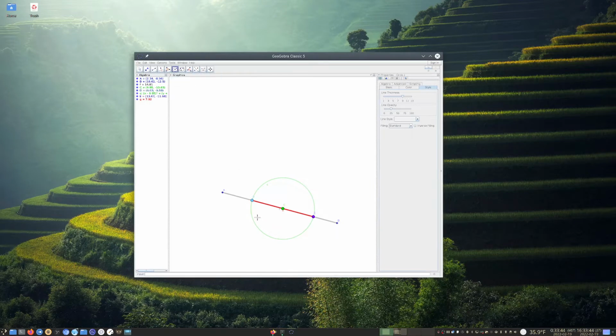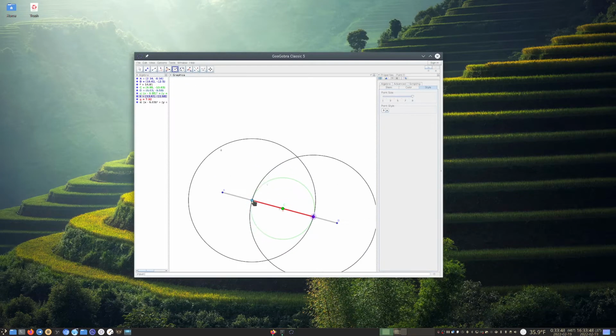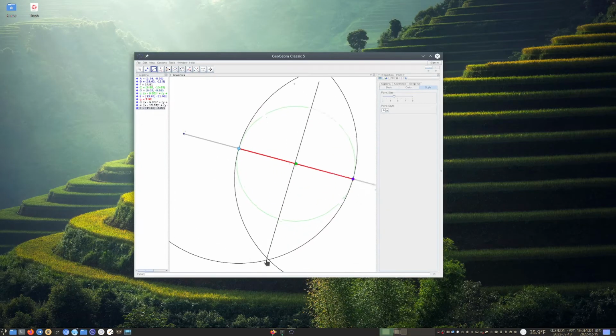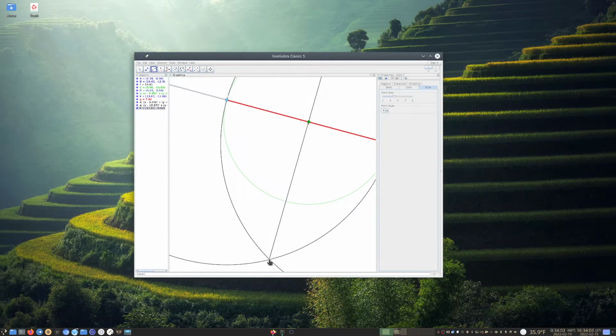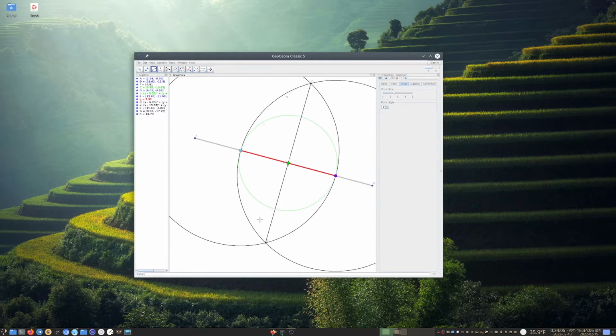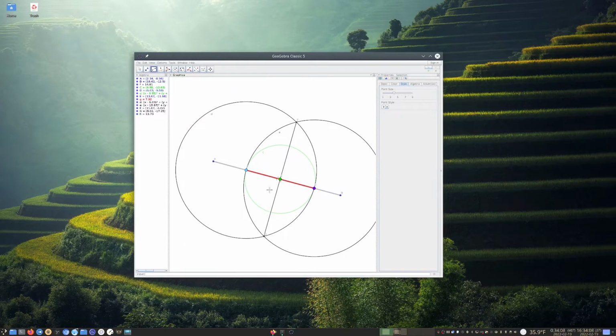So let's do that. Okay, and then we'll just bisect this. That sound good? We don't even need to build the equilateral triangle, right? Okay, there we go. Done.